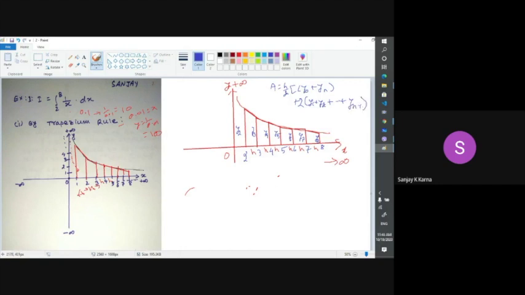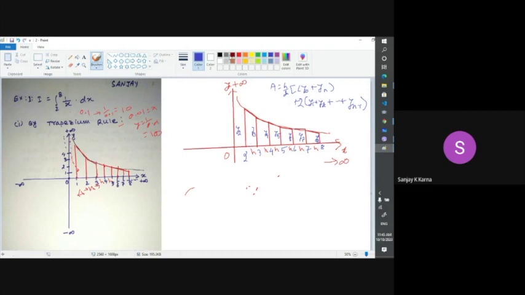So here if yn is equal to y8, then yn minus 1 is y7, and in place of y0 you can take the height of the first strip in this case. So y2 is y0 in the formula.